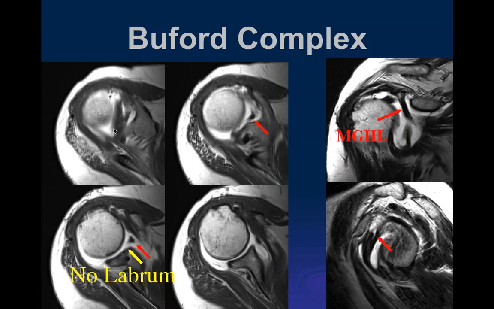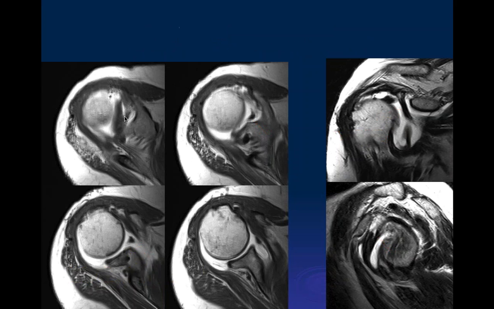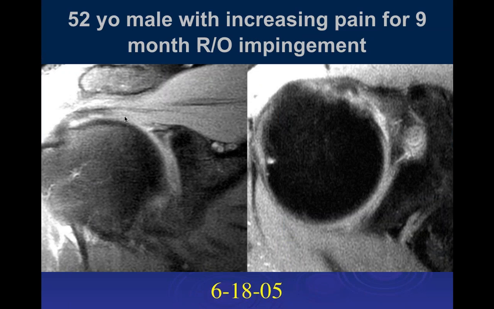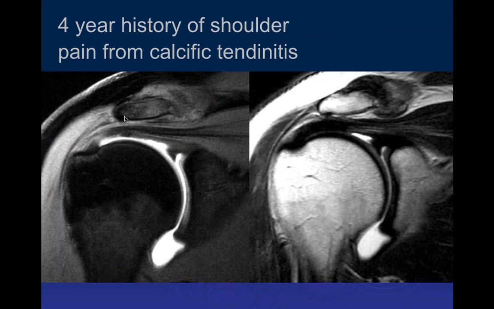At this location, three things come out. The long head of the biceps tendon attaches here. The middle glenohumeral ligament originates here and goes inferiorly right through here. And the other thing that attaches here is the superior glenohumeral ligament. So all three of those things, and if we come back here, we had a diagram of that earlier. Where did I have that?